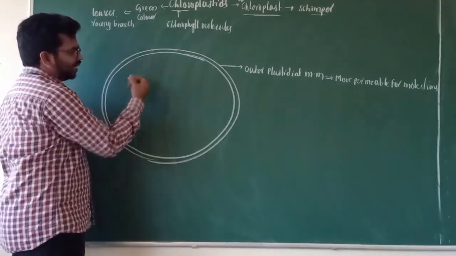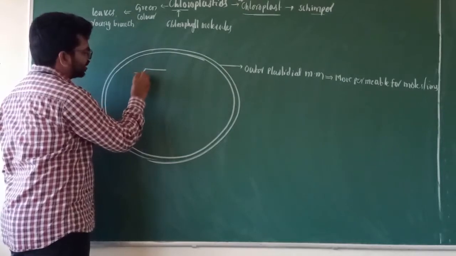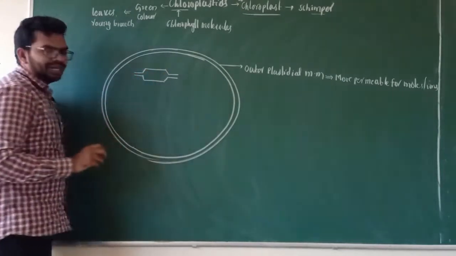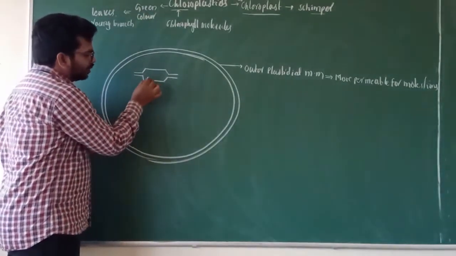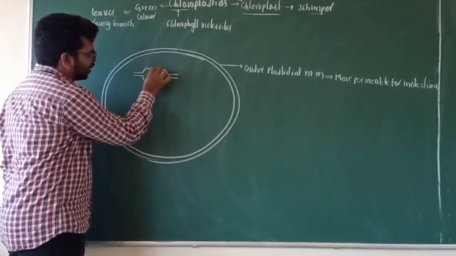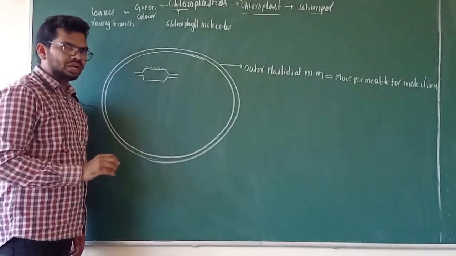and forms thylakoid, single membrane structures. What do we call them, children? Thylakoids. Thylakoids are structures covered with a single membrane, and the membrane has the photosynthetic pigments, either chlorophyll molecules or carotenoids.